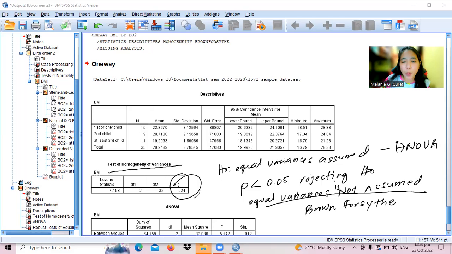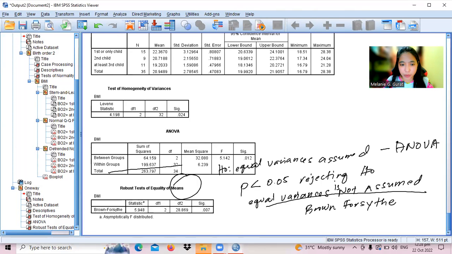Since our P here is less than 0.05, we did not satisfy the assumption of one-way ANOVA, which also tells us that we cannot report the result of ANOVA. Instead, we will be reporting the Brown-Forsythe result. Let's move below for a while.